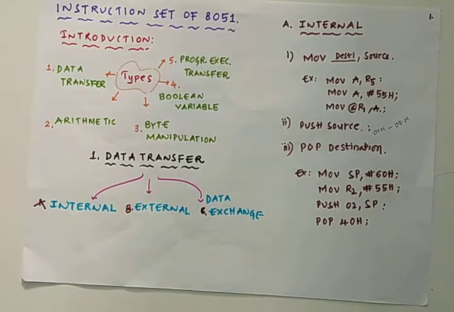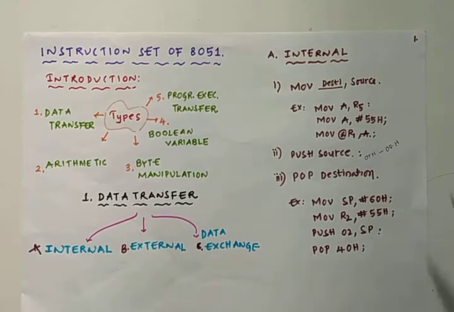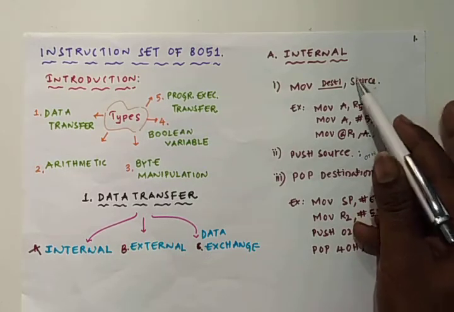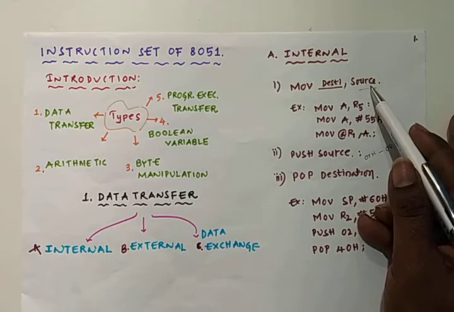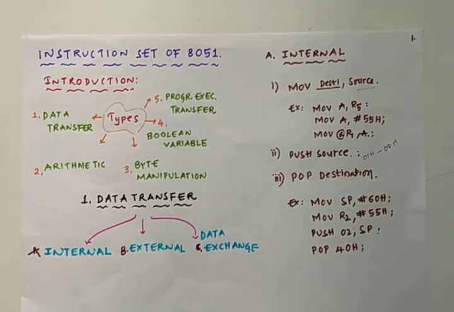Here we will go with one more instruction together with PUSH source, that is the POP destination instruction. The push instruction copies 1 byte of data from the source to the stack as pointed by the stack pointer.